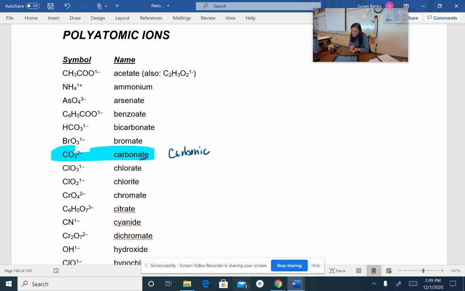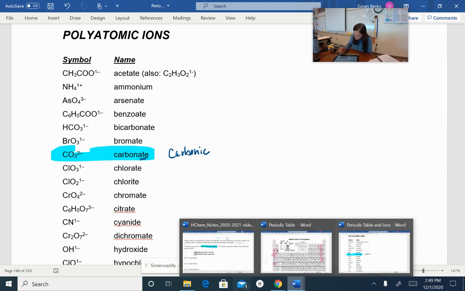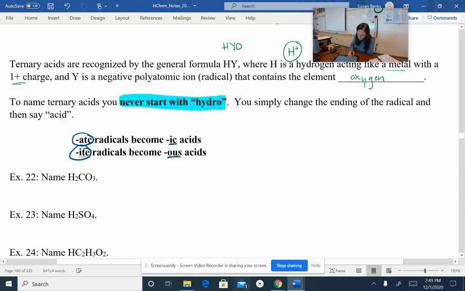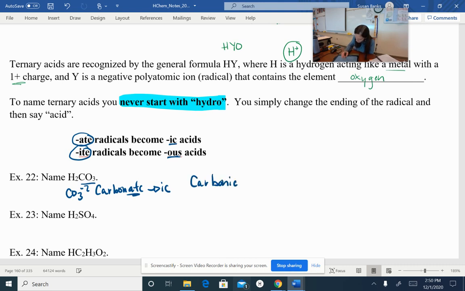And then I am going to add the word acid. Okay, so let's get back to this. So this was carbonate. CO3 -2 is carbonate. I changed that ate to ic. So it becomes carbonic, and then I add on the word acid, carbonic acid.